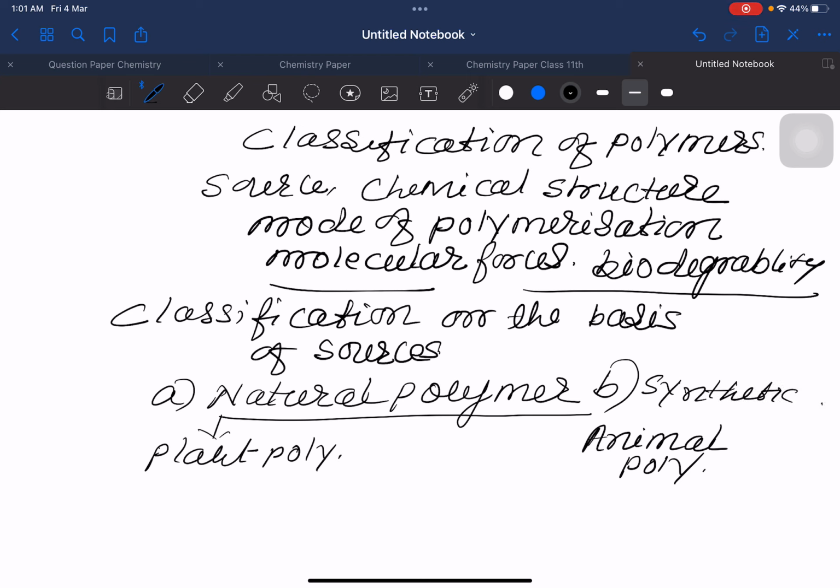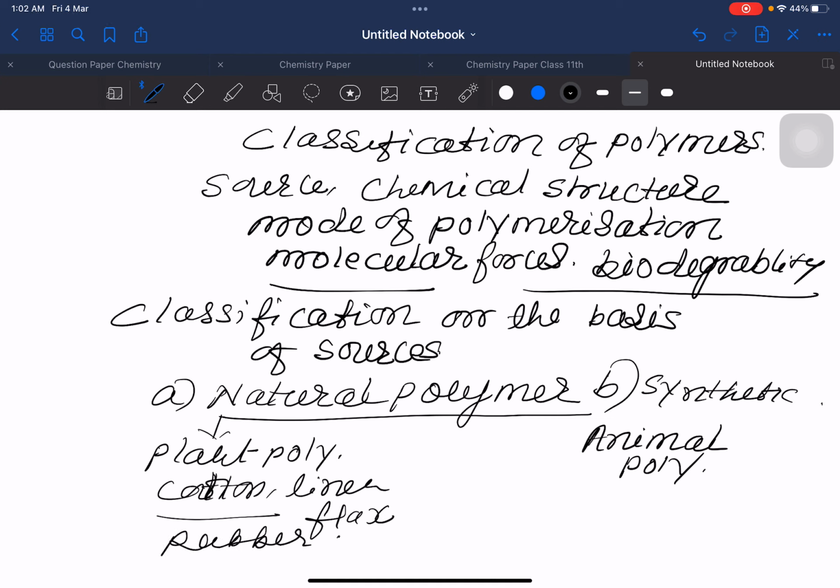For example, cotton and linen are plant polymers, obtained from the cotton plant and flax plant. Natural rubber is another example of a natural polymer. Animal polymer examples are silk and wool.